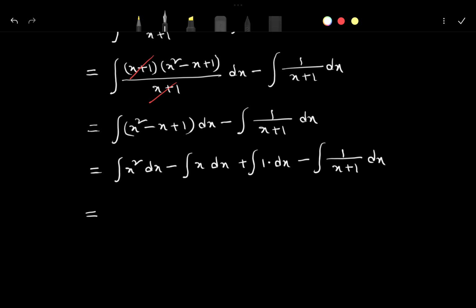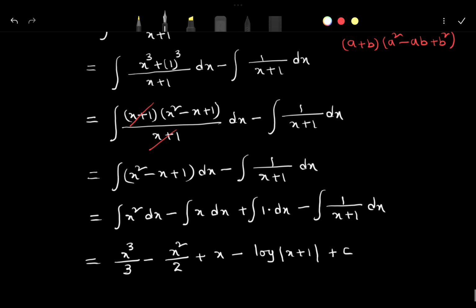You know the integration of x square is x cube divided by 3, minus the integration of x dx, which is x square by 2, plus the integration of 1 dx, which is x, minus the integration of 1 by x plus 1, which is log of x plus 1, plus c. Here c is the integral constant.